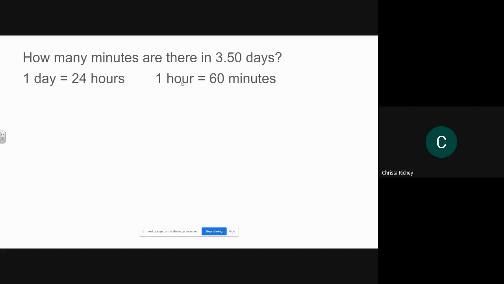How many minutes are there in 3.50 days? I'm going to go ahead and do this with the factor method first. And then I'm going to come back, and actually, I think I'm going to do them both on the same slide. Do the conversion cross. So what are you starting with? Not the conversion cross, I mean in the problem. Okay, 3.50 days.